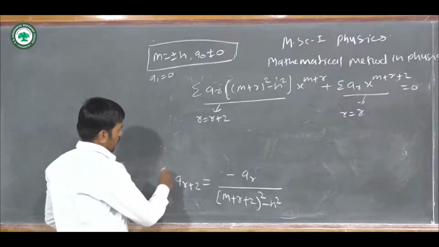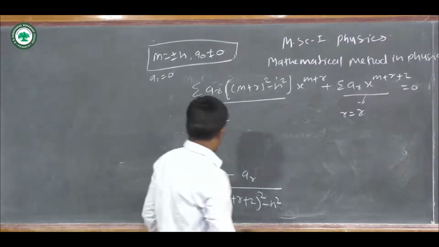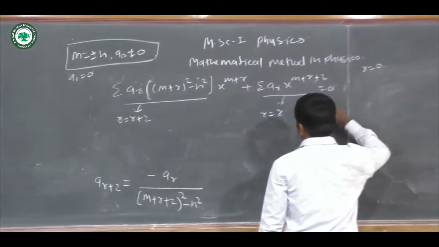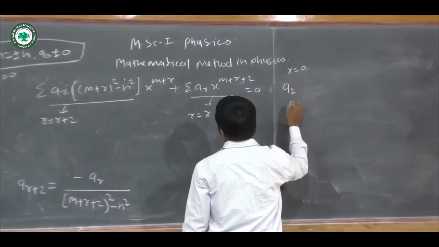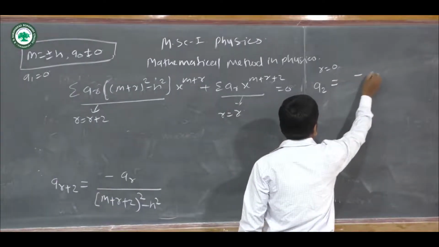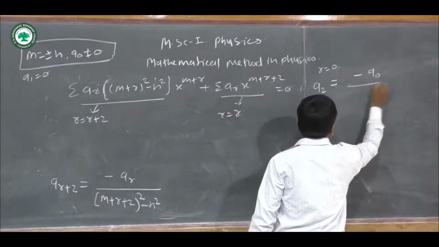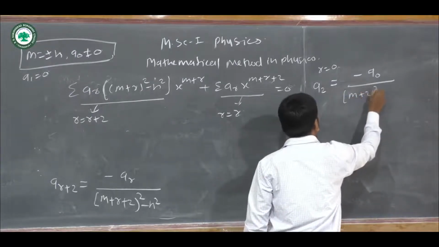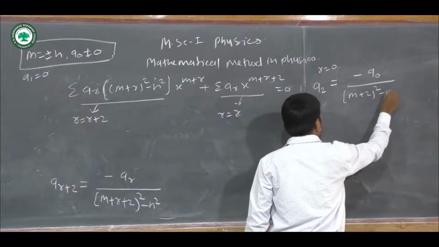Okay, so I now consider r equal to 0. So a2 is equal to minus a naught divided by (m plus 2) bracket square minus n square.